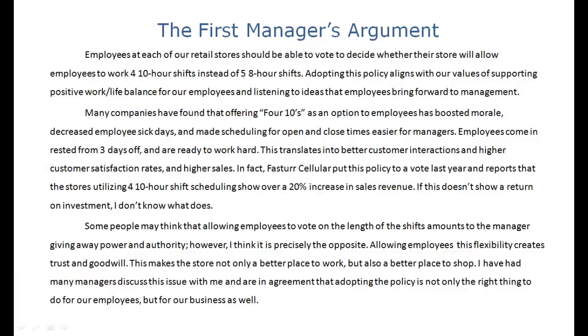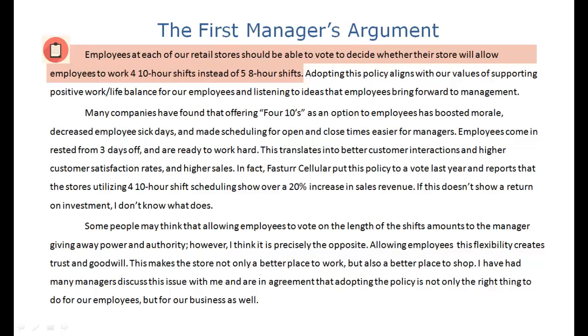So, let's get started. The claim. Where's the claim in the first argument? Here it is. Employees at each of our retail stores should be able to vote to decide whether their store will allow employees to work 4 10-hour shifts instead of 5 8-hour shifts.